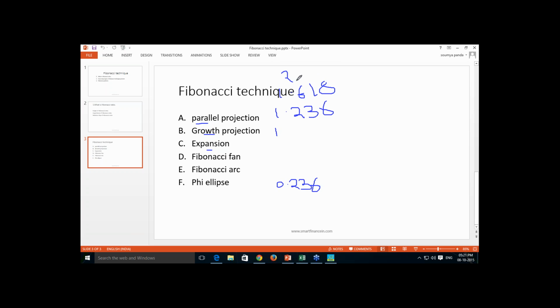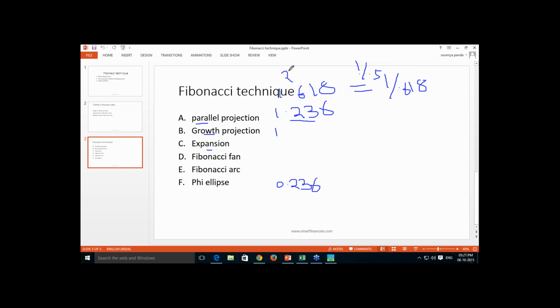Why is it named inverse alternate ratio? This 1.618 is nothing but 1 divided by 0.618. In the same way, 2 is nothing but 1 divided by 0.5. This is how you get these inverse alternate ratios. Beyond 2 also we have specific ratios.